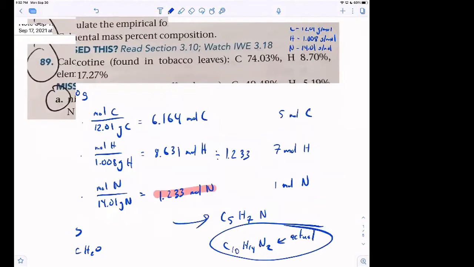Question: how do you know which order to put the elements? Is it based on their percentages? No. At this point you don't have to worry about that too much, especially on a multiple choice test, because it'll give the order right there.